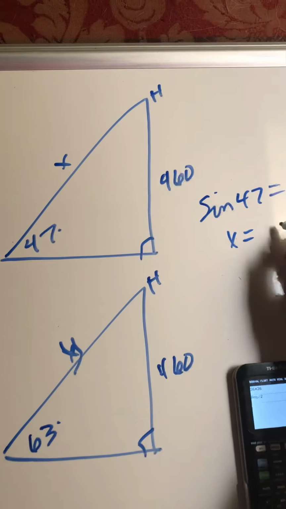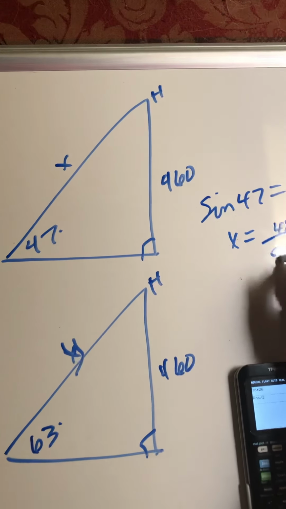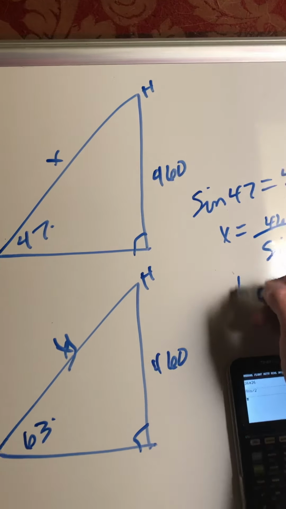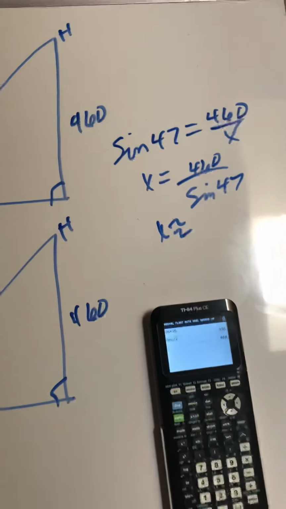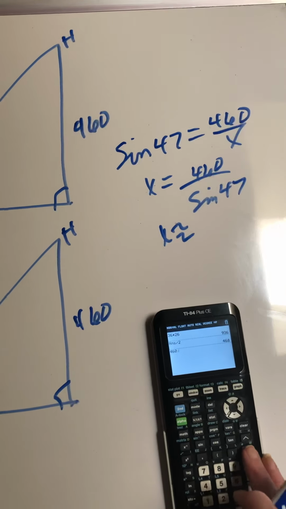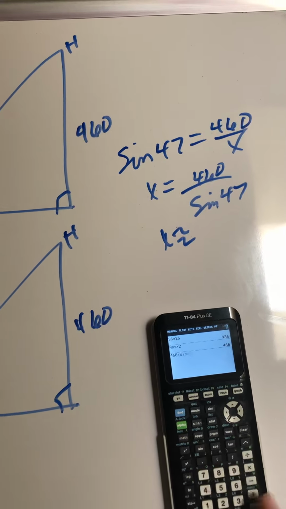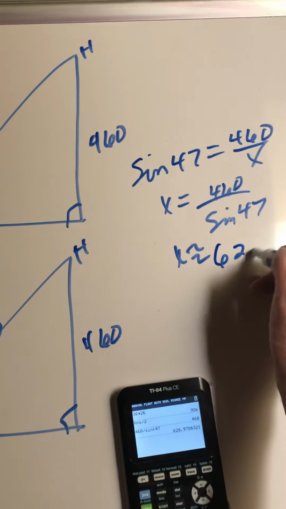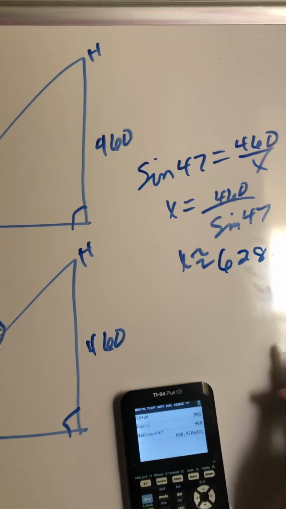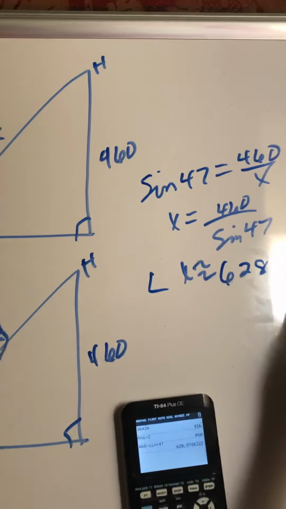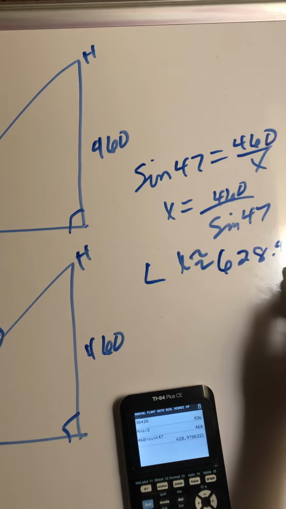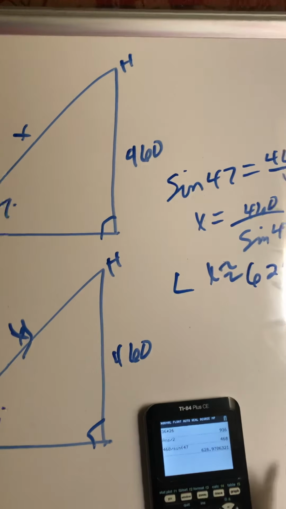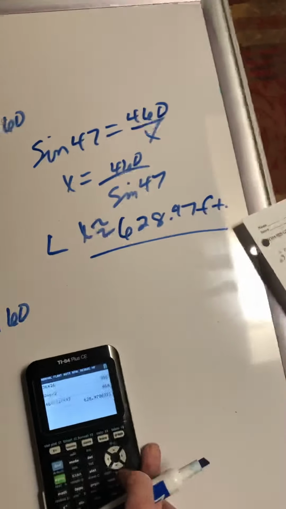So x would be 460 over sine 47. So we do 460 divided by sine 47, and x is about 628.97. That's for Lewis, and this is in feet. So make sure you've got it labeled. That's one of the answers.